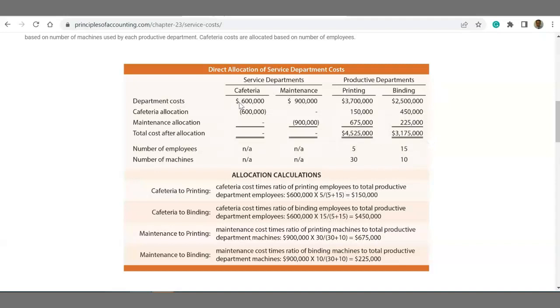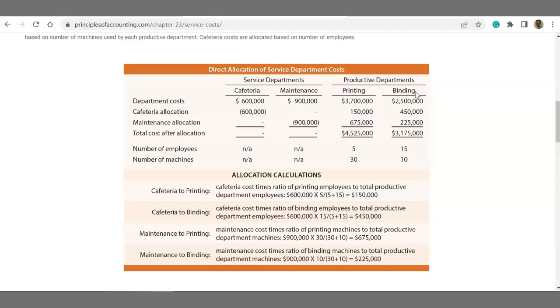So if department one, let's say printing, has, let's see, 5 out of 20 employees, then five employees out of total 20 employees, that will be a ratio. And based on that ratio, we apply $150,000 to printing. So here we deduct the $600,000 to make it 0, and we apply 5 out of 20 to printing.